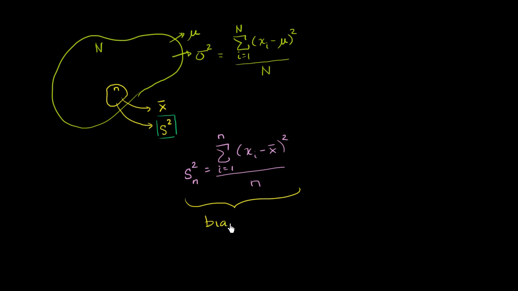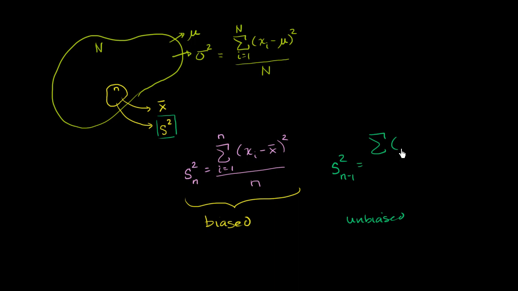So this is biased. And we also know that the best unbiased estimate is almost the same, but instead of dividing by n, we divide by exactly n minus 1. So if we're really trying to estimate the population variance, we want to calculate it this way.